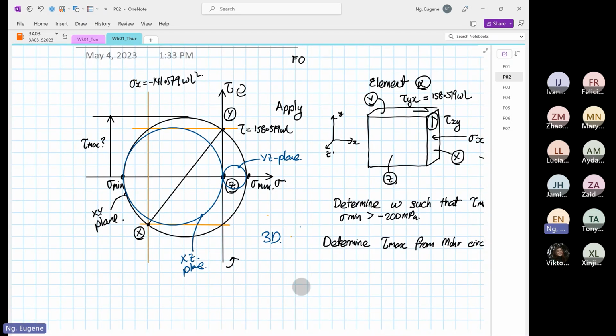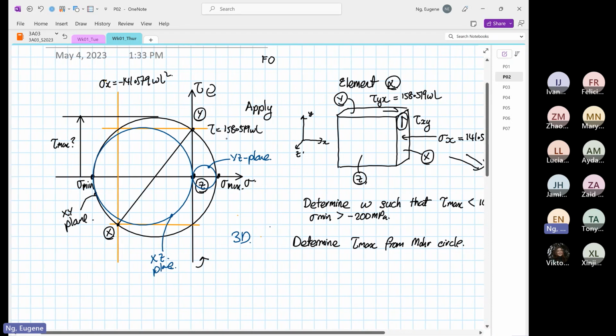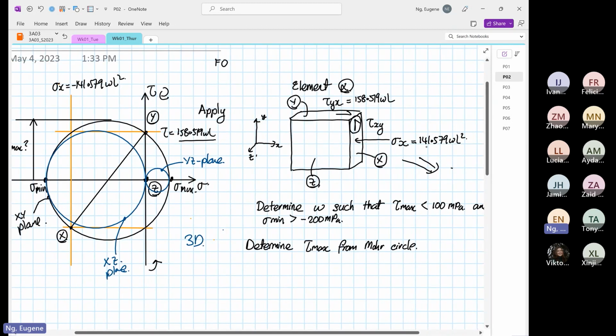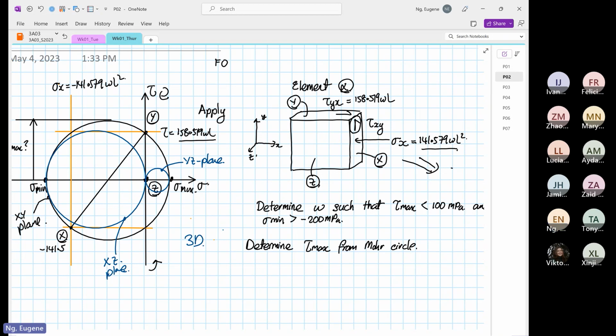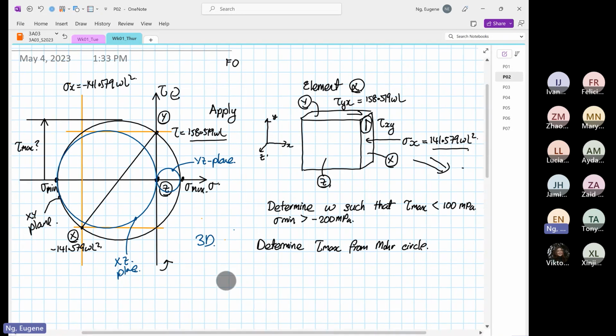We know that our shear stress on the element is 158.519 omega L. And our normal stress is minus 141.579 omega L squared. So now we have to determine tau max.